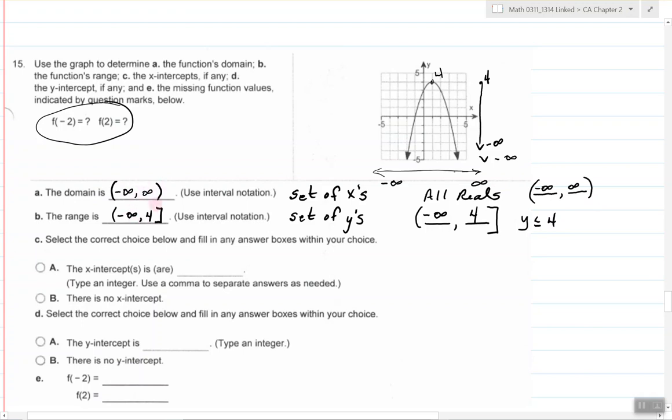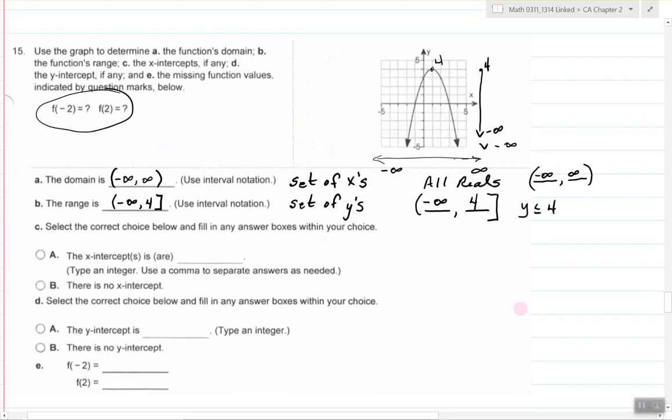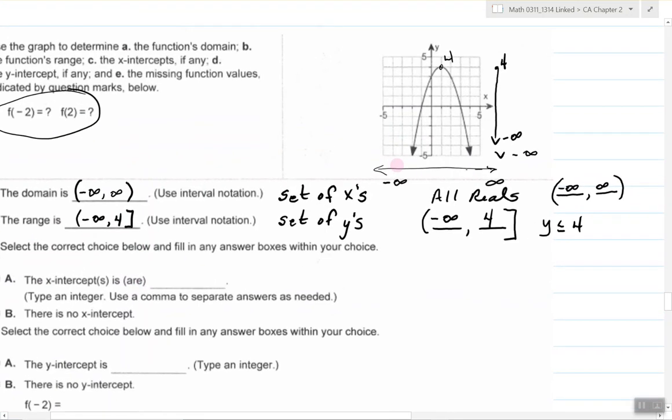All right, so if I move on and I look for other things, x-intercepts. Now x-intercepts are where the graph crosses the x-axis. So this is an x-intercept and this is an x-intercept. This is the point 3, 0, and this is the point -1, 0.